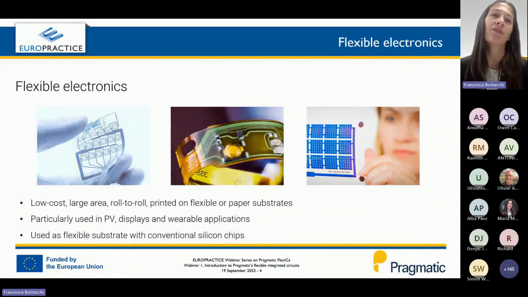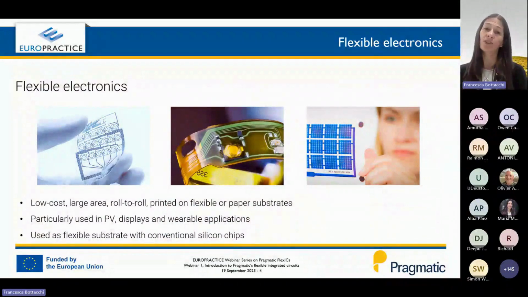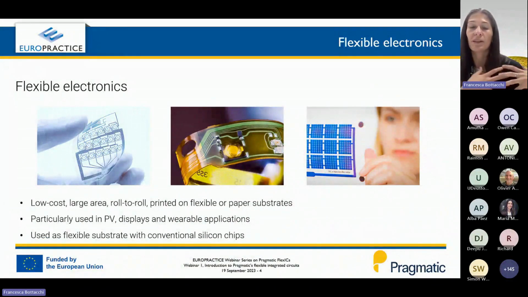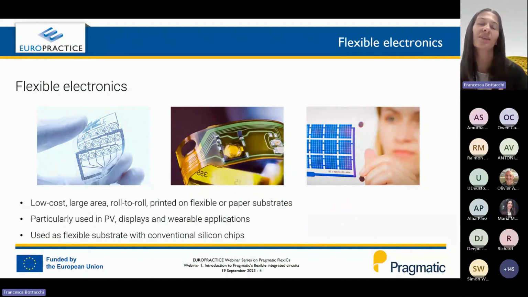Often, flexible electronics can also be used in conjunction with conventional silicon electronics. Especially in wearable applications for healthcare, you can find a flexible substrate with metal tracks and electrodes, with an adhesive to be conformable on the patient's skin.